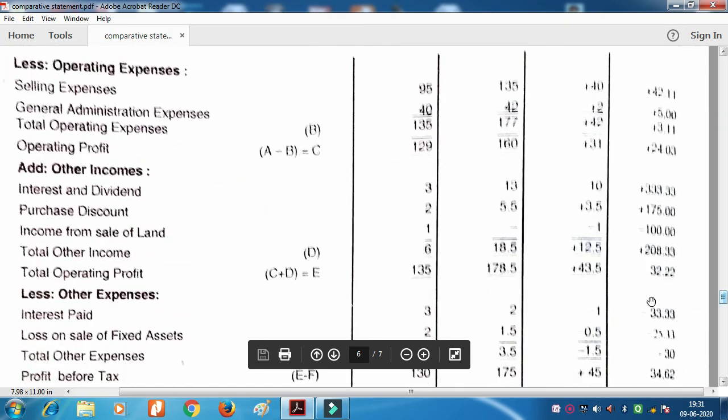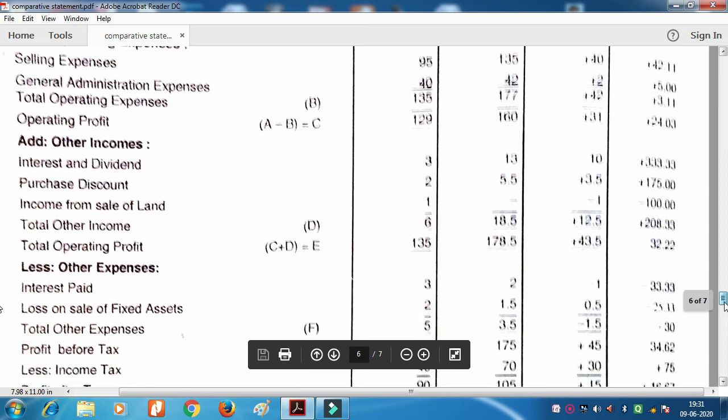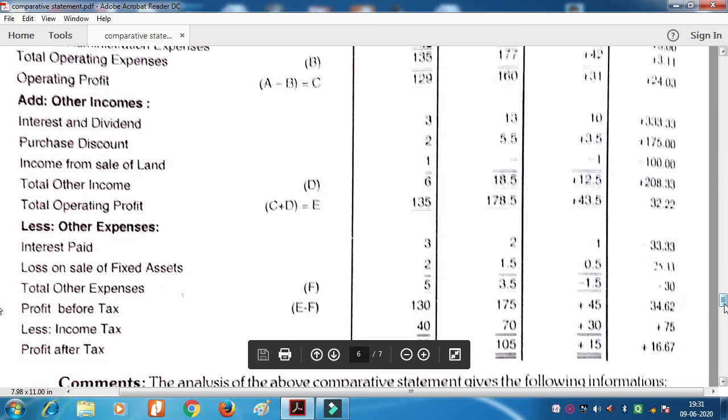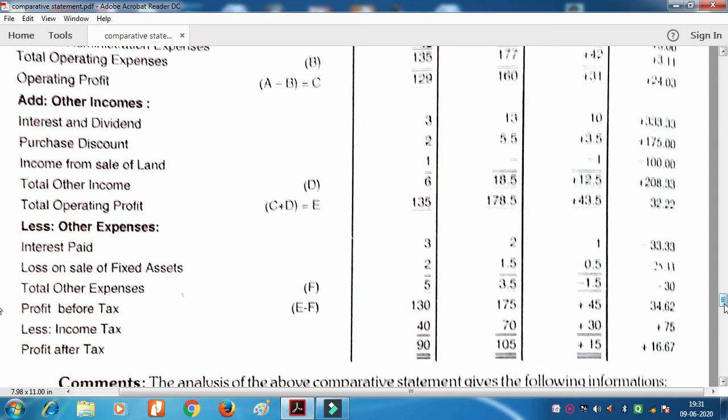Now for operating expenses, other income and other expenses, we will follow the same logic. We will find out based on the previous year how far it has increased or decreased, and we will just write down the percentage.